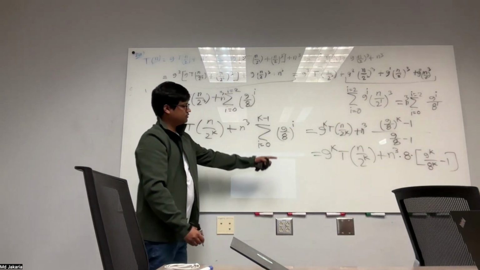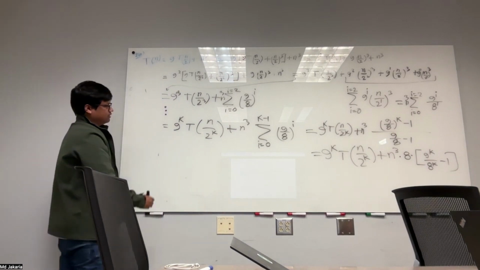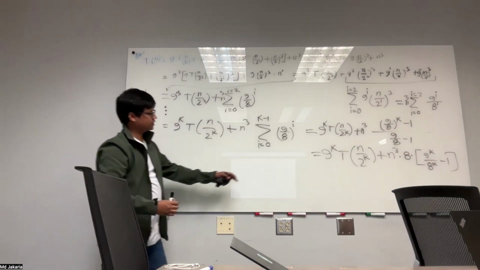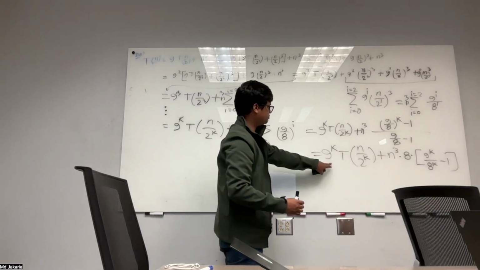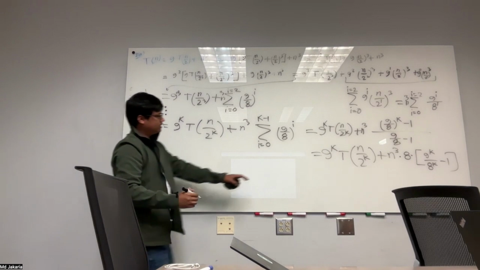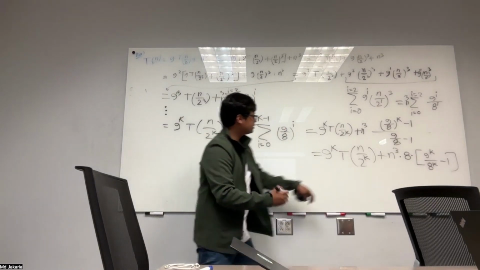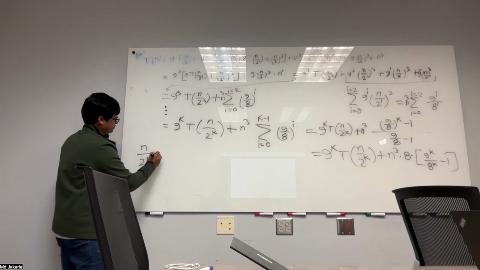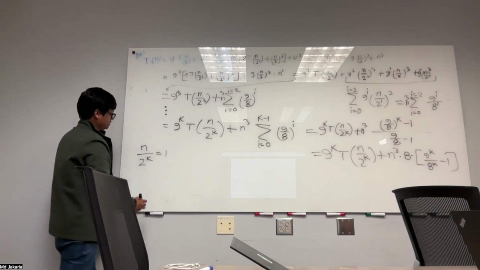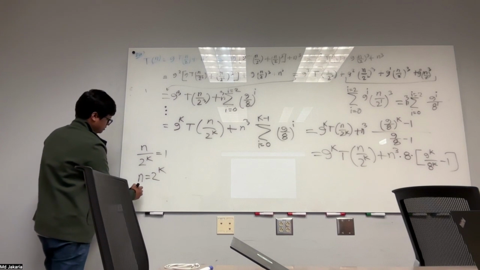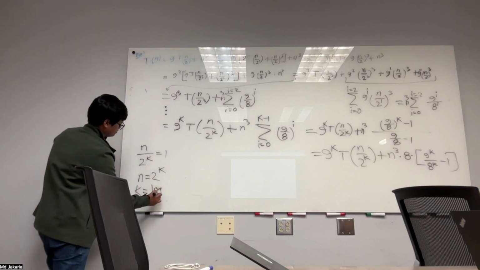Okay. So now, if we want the asymptotic value, we will set this term to 1, right? So in that way, if this is 1, then we'll get n equals 2 to the k, okay, then k is log n.